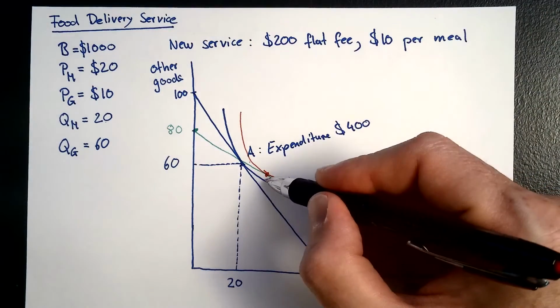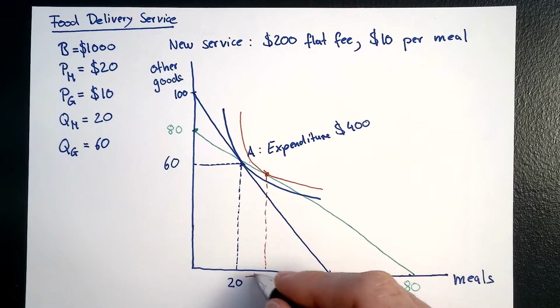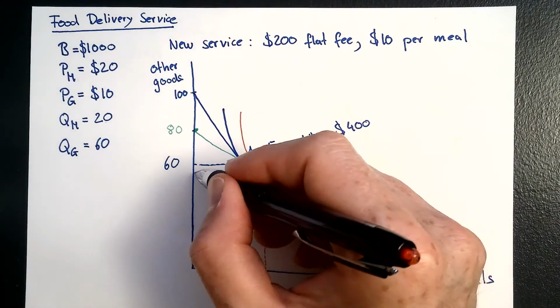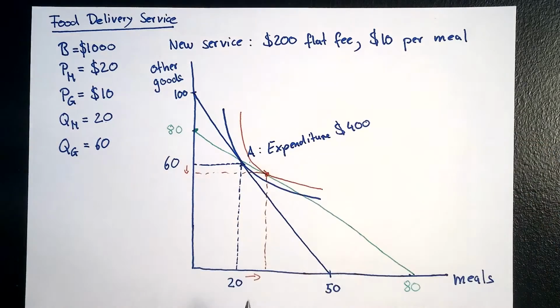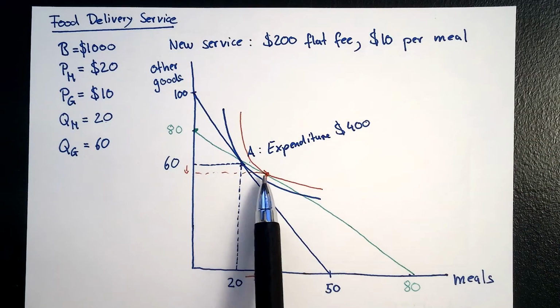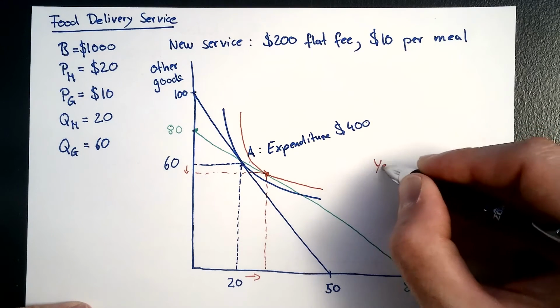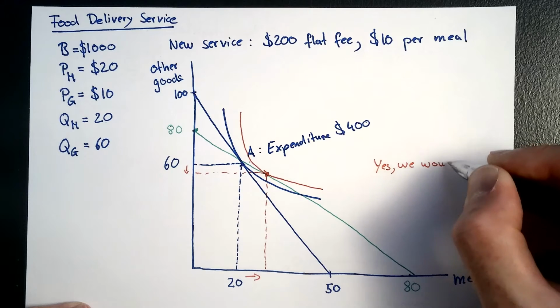So with the new service, we would be increasing our food consumption, we would be decreasing our consumption of other goods, and we could achieve a higher level of utility, which means that yes, we would switch to the new food service.